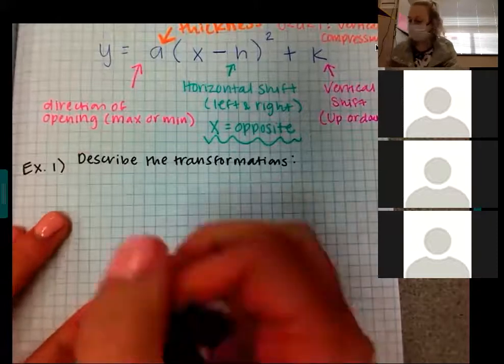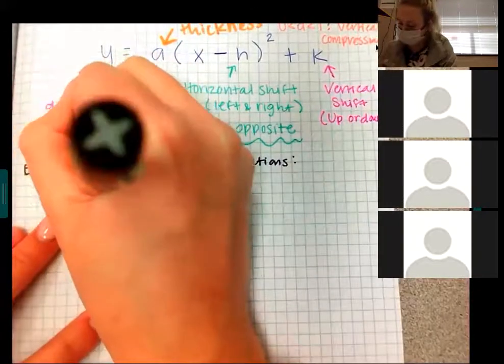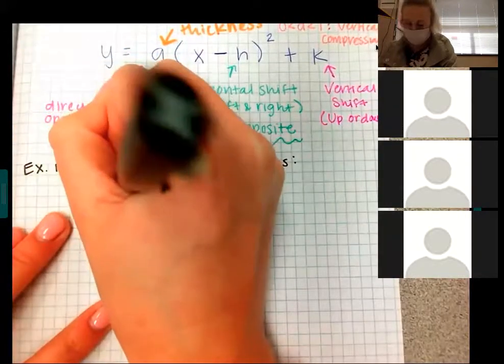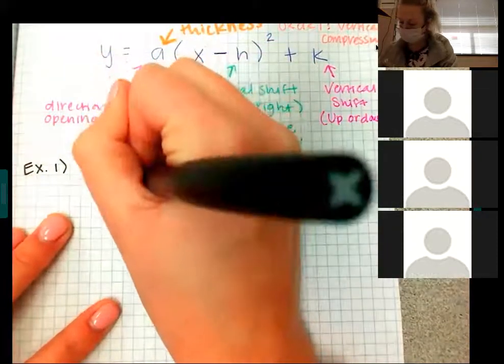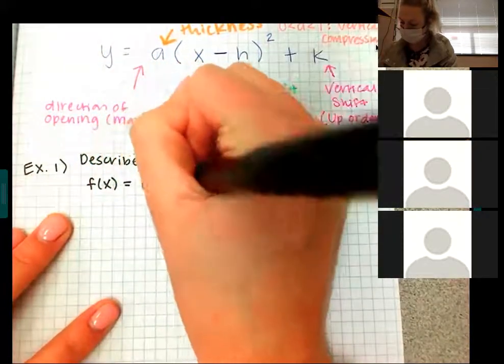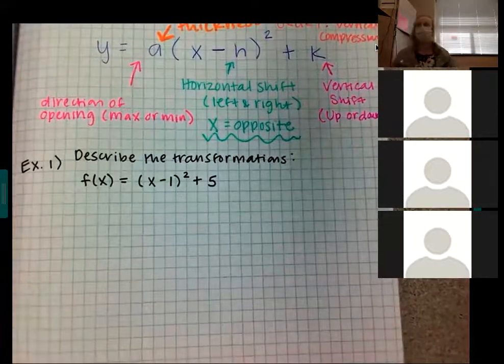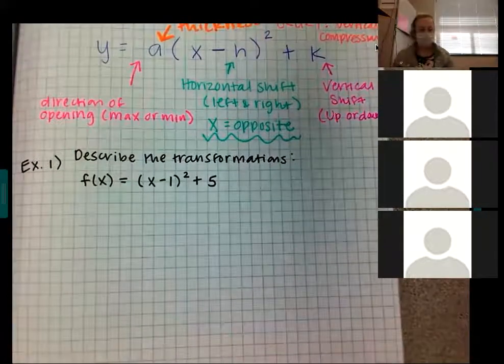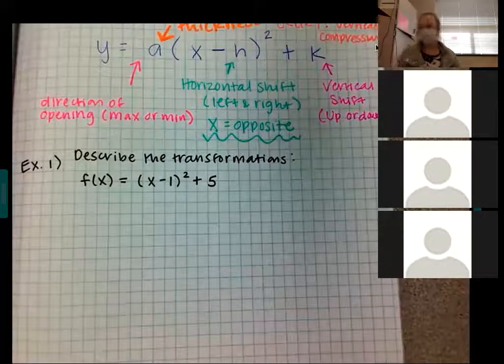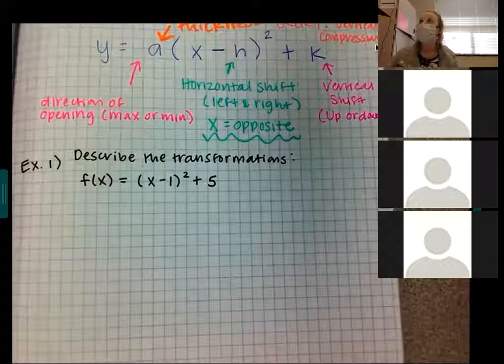And we'll start off pretty easy. f of x equals (x - 1) squared + 5.